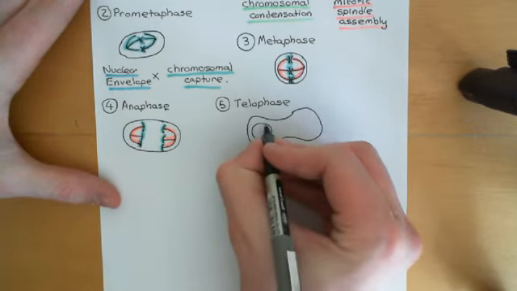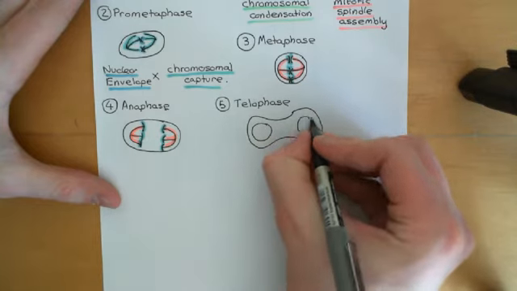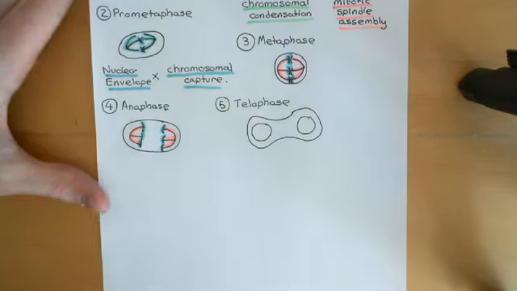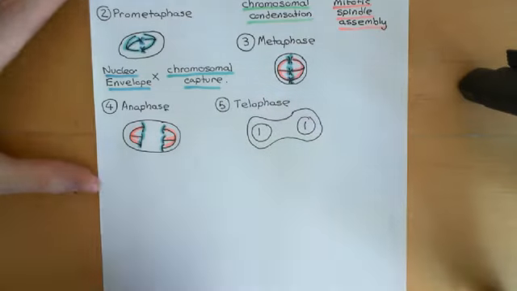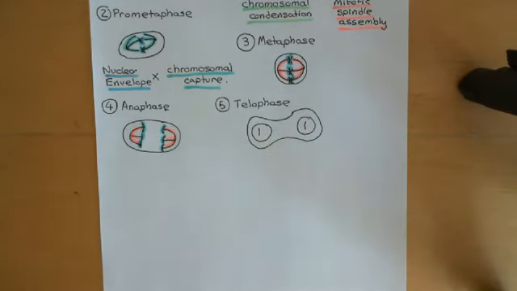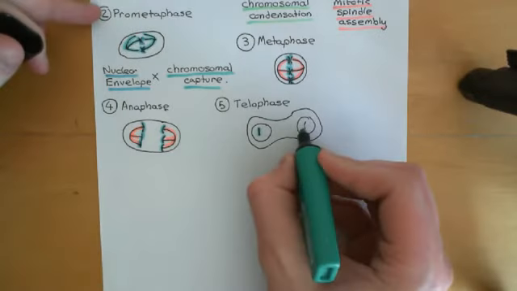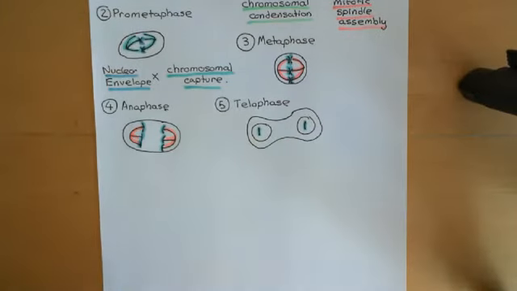You're going to reform nuclear envelopes in the 2 separate portions here, and each one of these new nuclei is now going to have a copy of all 46 chromosomes within it. So here are the chromosomes, and we've reformed the nuclear envelopes now. And the volume is going up still.